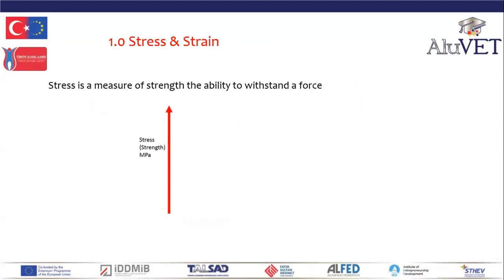Stress is a measure of strength, the ability of something to withstand a force. And in our example, that is the weight or the load. And we plot the measures of stress on the vertical axis, the y-axis of a graph.